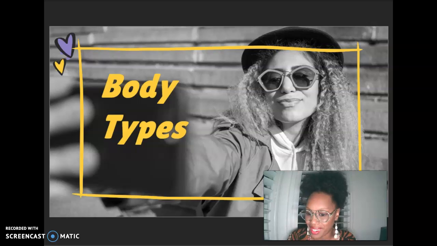Like I said, we're getting better, because we're seeing much more size inclusivity, right? We're seeing more models that look like normal women. It's still not the norm. The majority of models don't look like normal women.